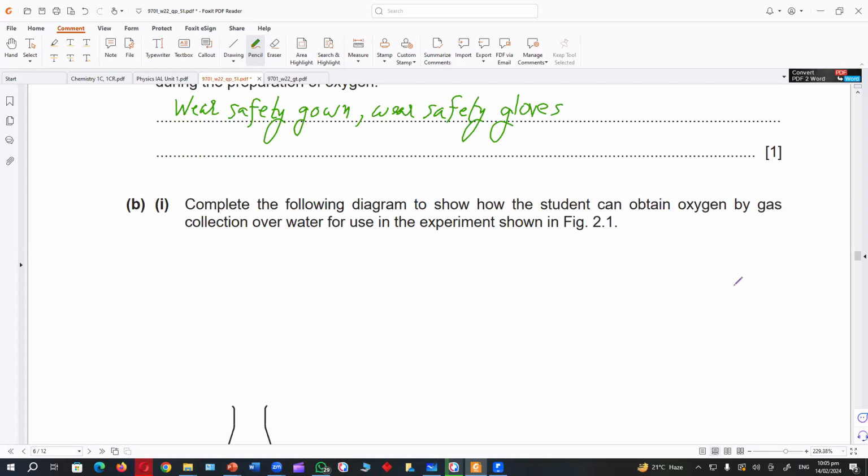Complete the following diagram to show how the student can obtain oxygen by gas collection over water for use in the experiment shown.